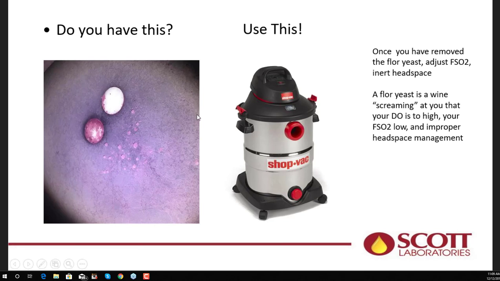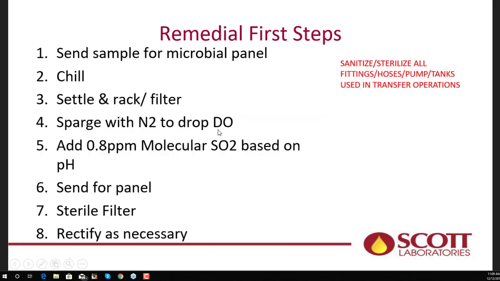What you're doing by doing that is you're physically removing the population and probably logarithmically reducing it. After you do that, you need to adjust your free SO2, inert the headspace. You still need to do some remedial actions, but the first thing to do is get that population knocked down. So that's a pretty handy little trick.